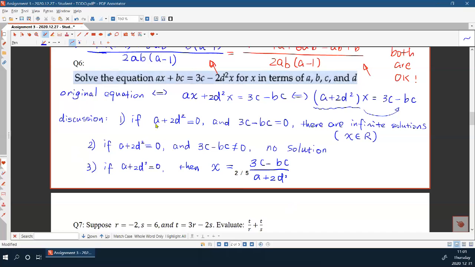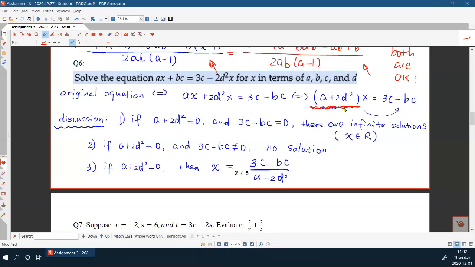Okay, I'll leave you some time to think about this question, okay? You need to discuss whether a plus 2d squared is 0, because if you want to use it as a denominator, you always want to discuss whether this value is 0. If it is 0, you cannot divide any value with 0, right?